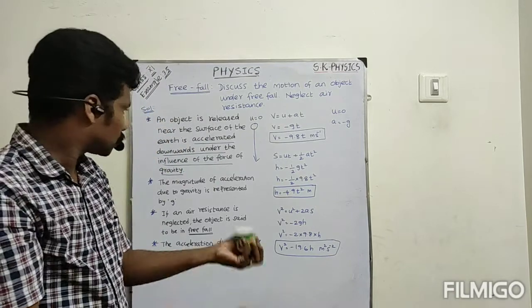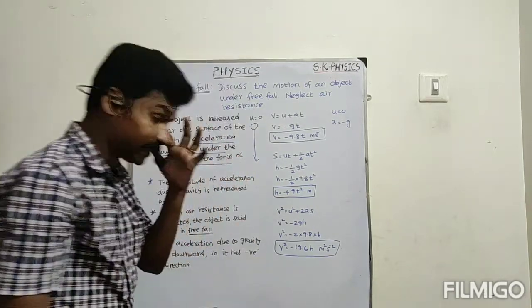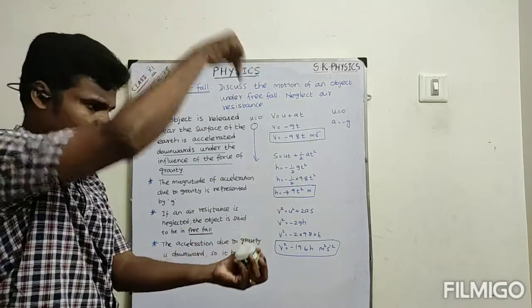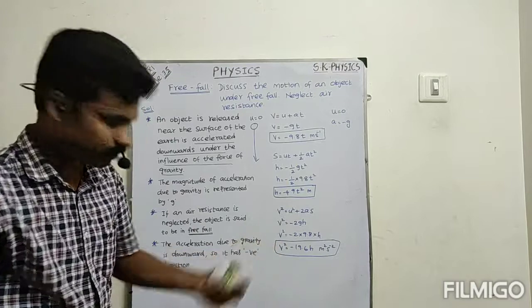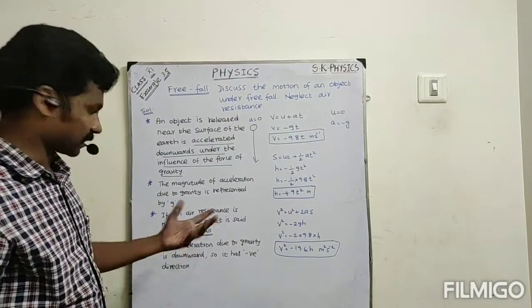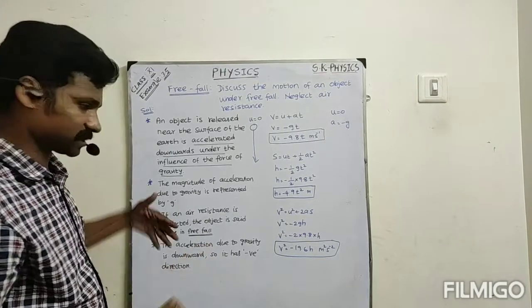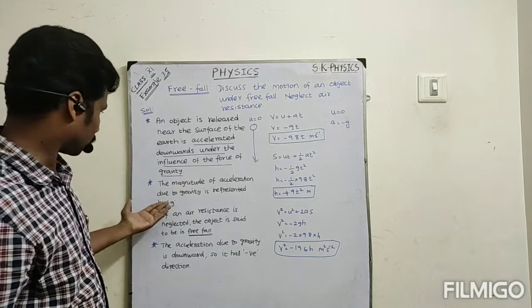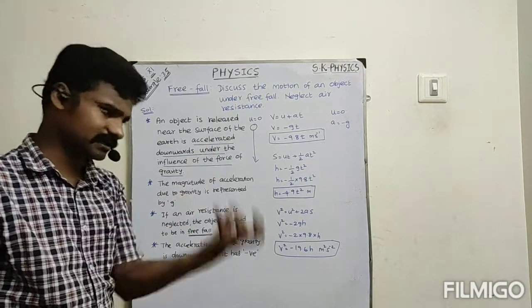No need to give any initial energy, no need to throw it. Just leave the object, it moves in the downward direction because of the acceleration due to gravity, the force of attraction of the earth.